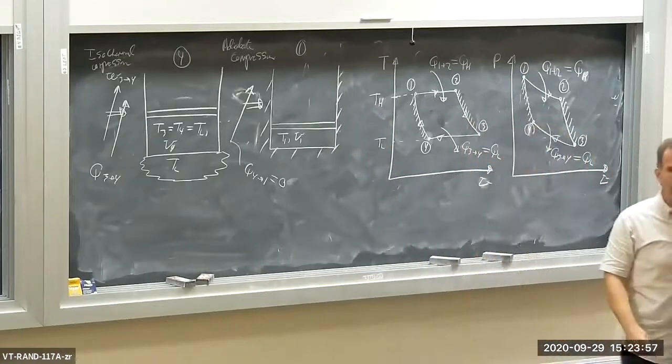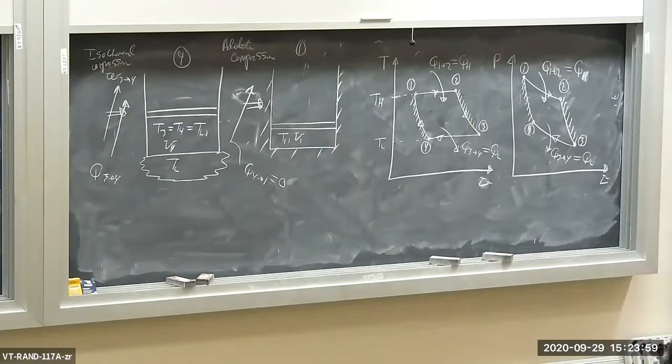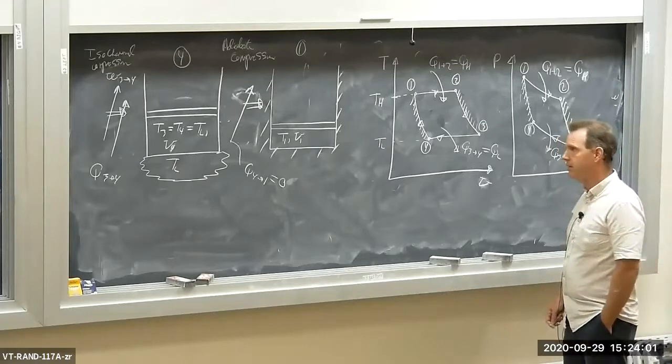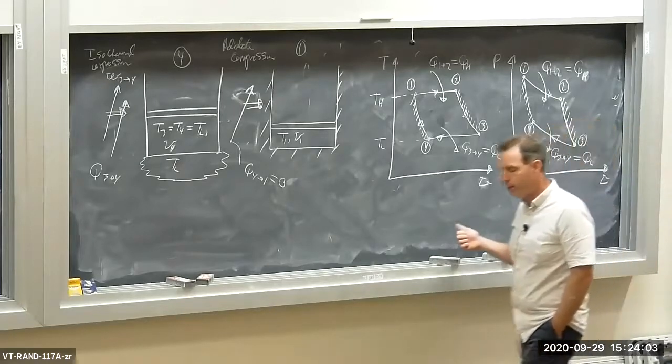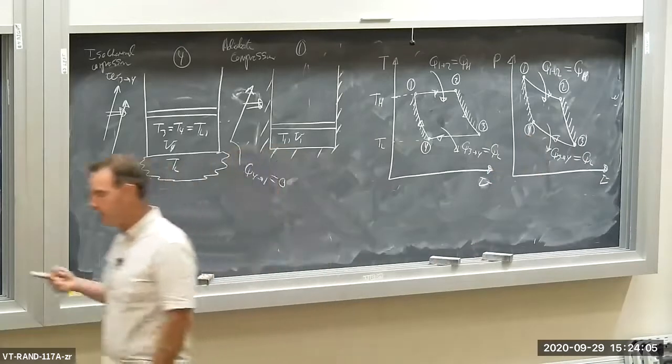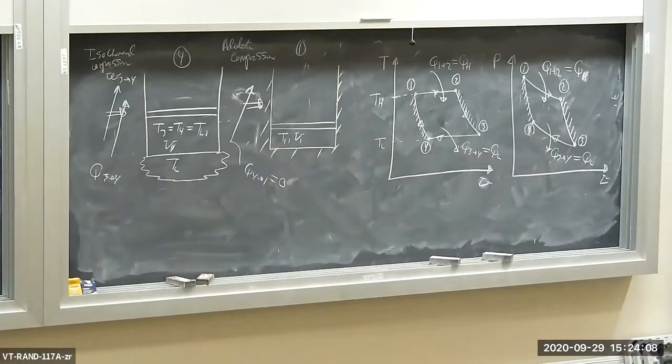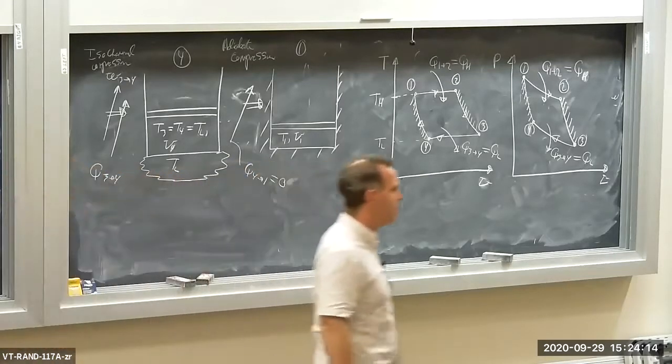There's no finite temperature difference. So there's no irreversibility here due to friction, no irreversibility due to unrestrained expansions, and no irreversibility due to heat transfer across a finite temperature difference.